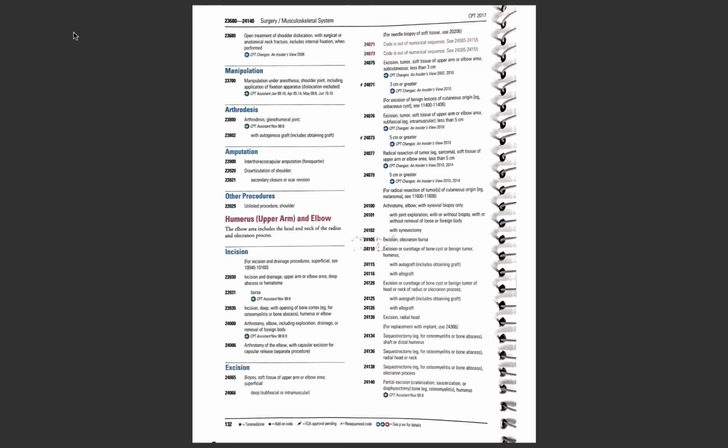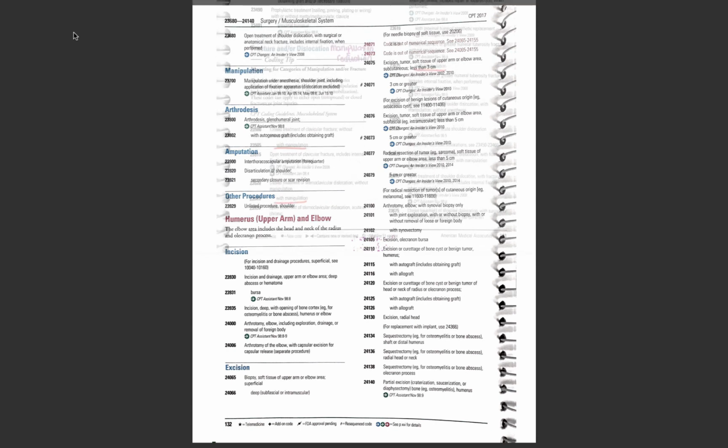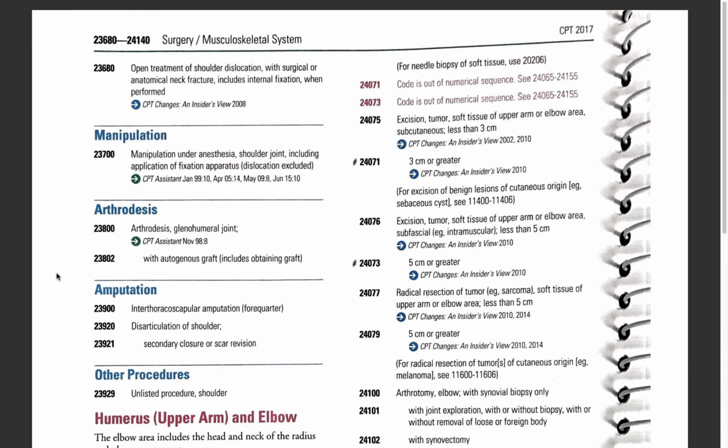Turn to the humerus or elbow section and let's look at code range 24075 through 24076. 24075 is an excision of a tumor or mass, soft tissue of the upper elbow area, subcutaneous, which is that fat layer underneath your skin, less than 3 centimeters.